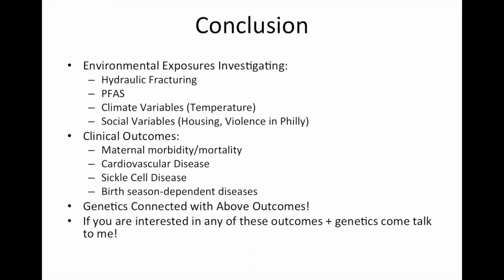Our clinical outcomes that we specifically focus on are maternal morbidity and mortality, as well as cardiovascular disease, sickle cell disease, and birth season-dependent diseases that we have identified via prior research. We're hoping to connect genetics with many of these above outcomes, and we're interested in PhD rotation students who are interested in exploring opportunities with us. If you're interested in any of these outcomes plus genetics, please come and talk to us further.